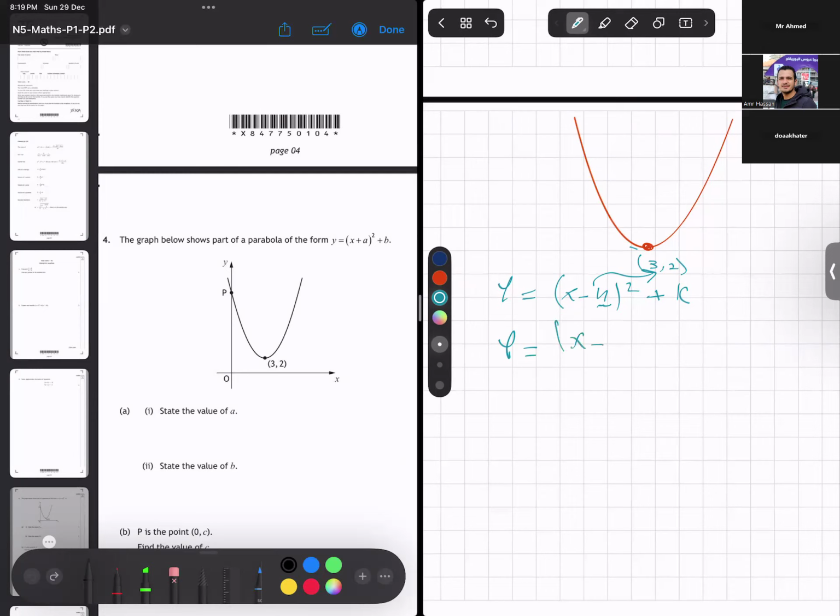So what is the form? (x minus 3) all to the power of 2 plus k. What does k stand for? 2.